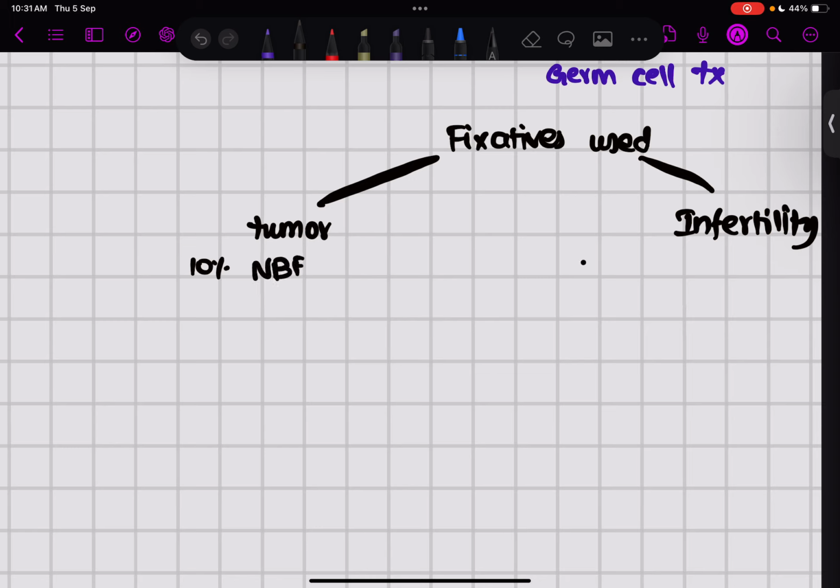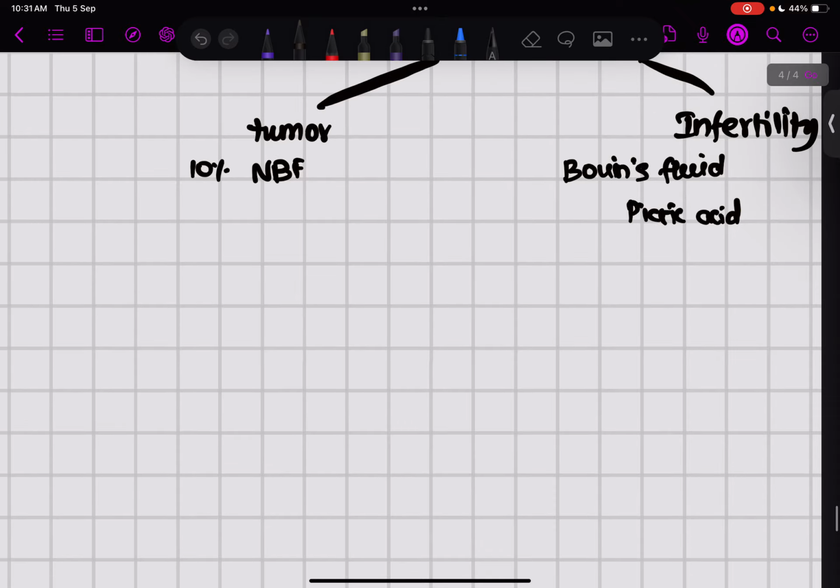For infertility, Bouin's fluid. It is yellow in color due to the presence of picric acid. It is used because it preserves the morphology of the germ cells and helps to locate the arrest of the cells. And neutral buffered formalin is not used because it destroys cells.